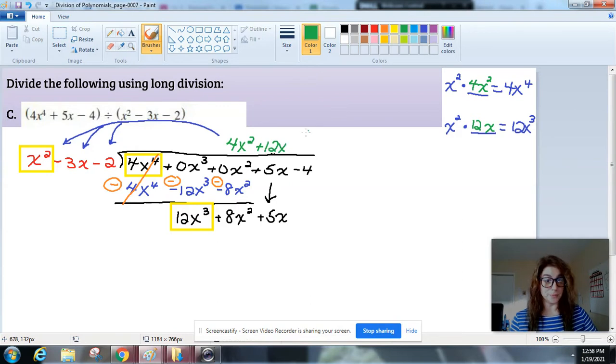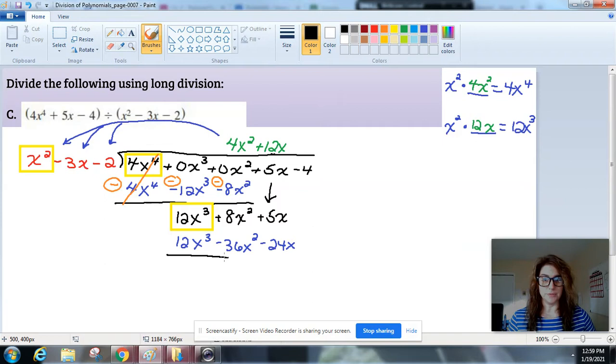And it's positive, so I put plus. Do your multiplication. 12x times x squared is your 12x cubed. 12x times a negative 3x is a negative 36x squared. 12x times a negative 2 is a negative 24x.